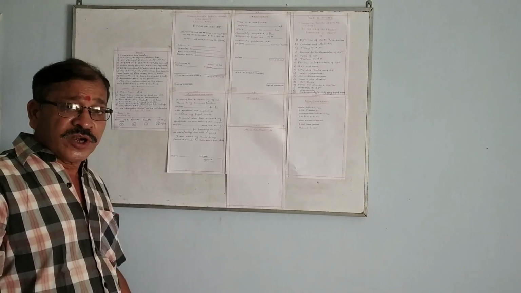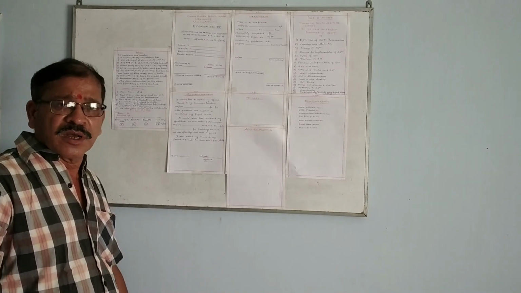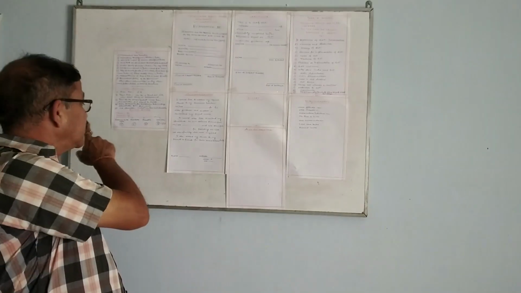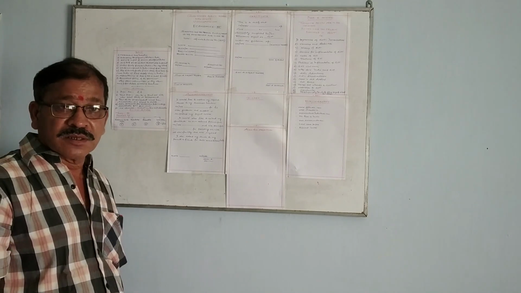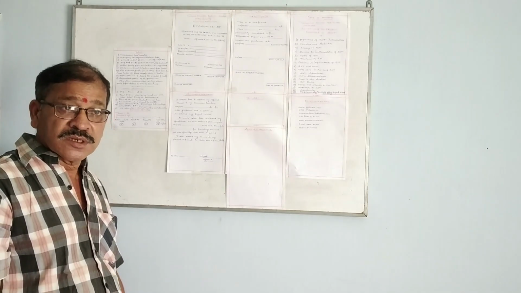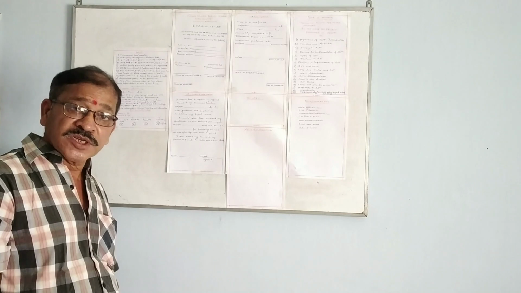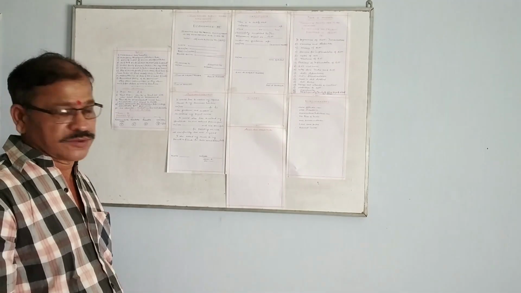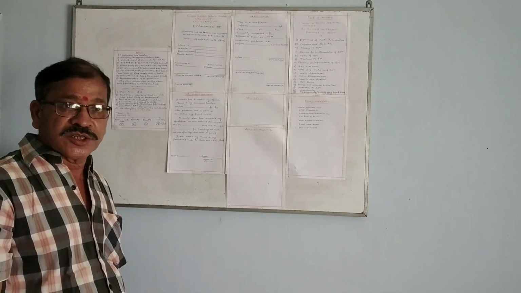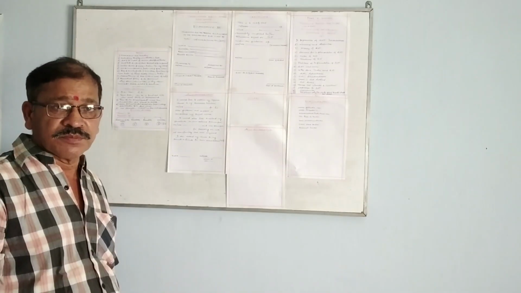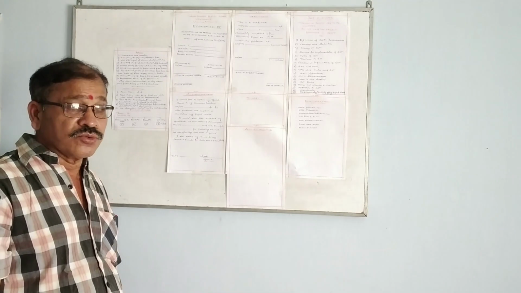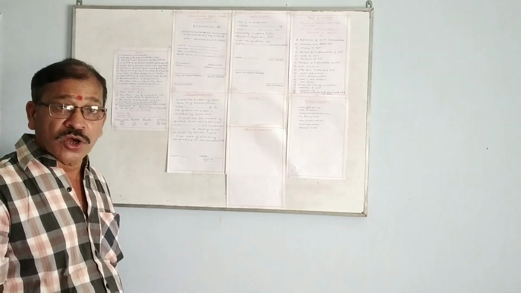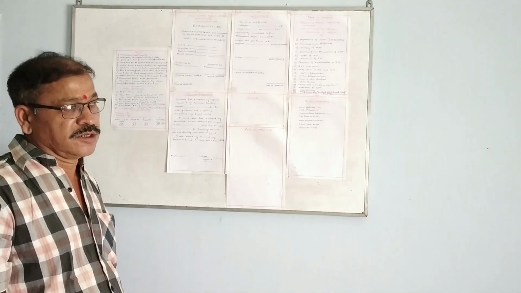Then your 20 marks have been clearly demarcated. First is relevance of the topic, 3 marks. That means whether the topic which you have chosen is related to your subject and your syllabus or not. Second is knowledge on the topic: whether you have full, thorough knowledge on the topic you have chosen or not.